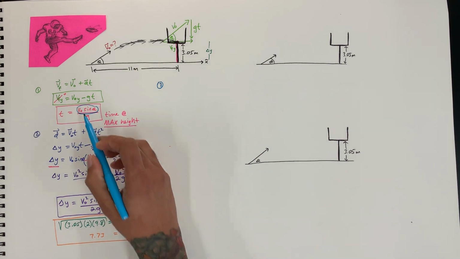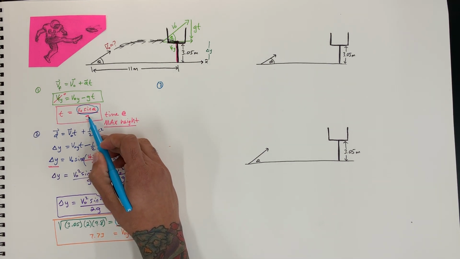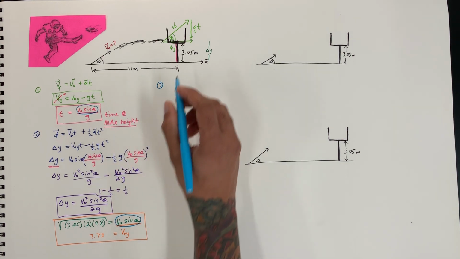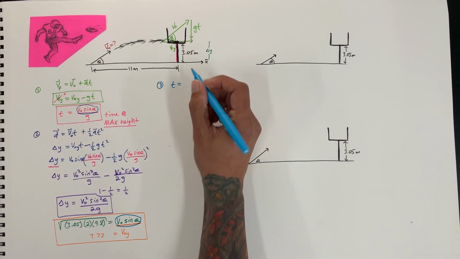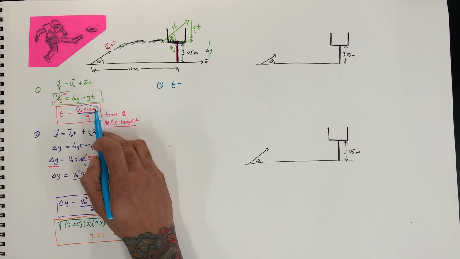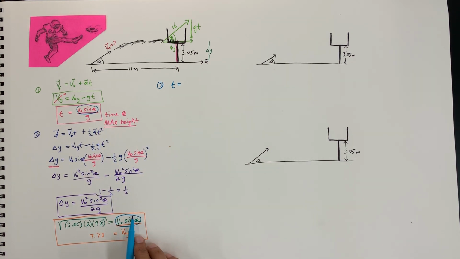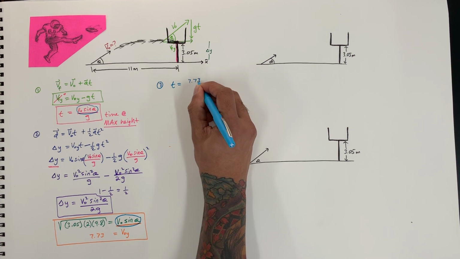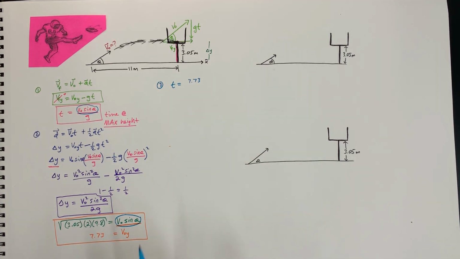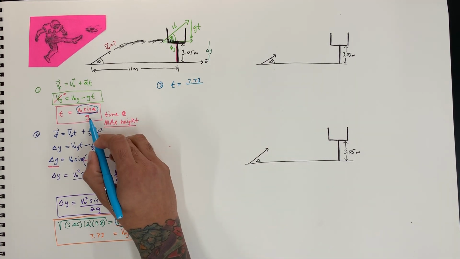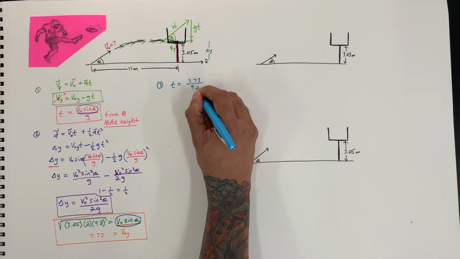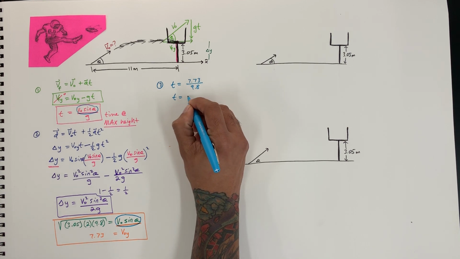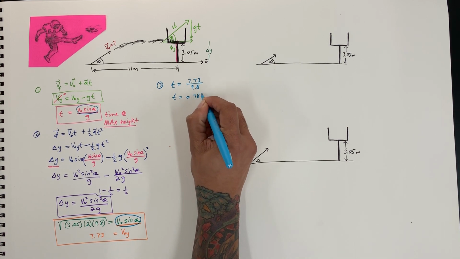G we already know. So let's solve for this time at the max height. So t is equal to v initial sine theta, which we found here to be 7.73, over g, which is gravity, 9.8, leaving us with a time of 0.788 seconds.